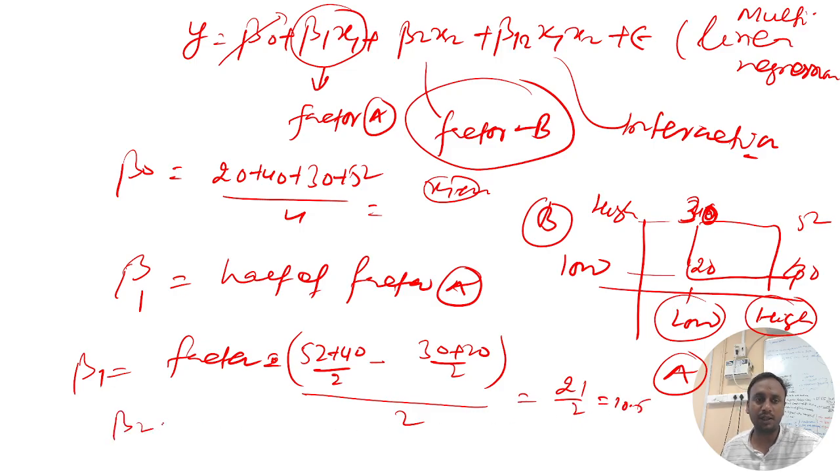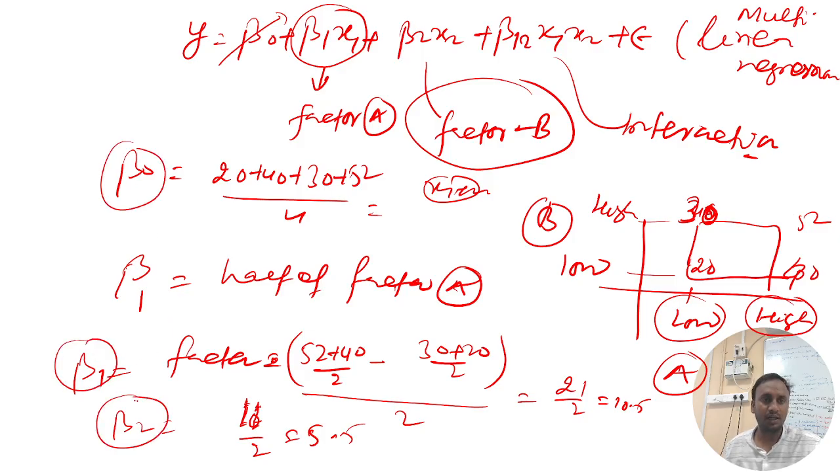Similarly, we can calculate beta 2. How do we calculate beta 2? 52 plus 30 by 2 minus 40 plus 20 by 2, then by 2. It came 11 by 2. So now we have calculated beta naught, beta 1, beta 2.